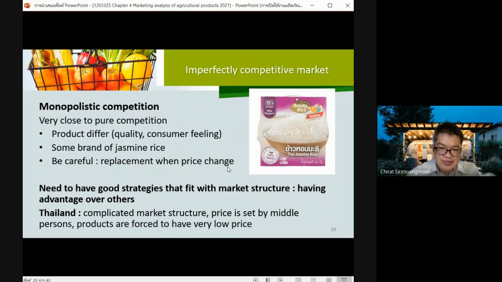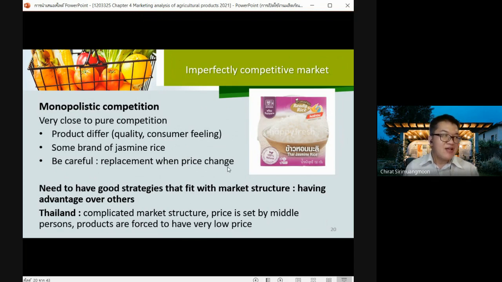Sometimes Thailand also has some politics as well. Sometimes they have people on the board, on the committee, to force things to happen in some cases. They go to the board and lobby for the price to be higher than the others. So I think that's bad too. Products are forced to have a very low price from the middle person.